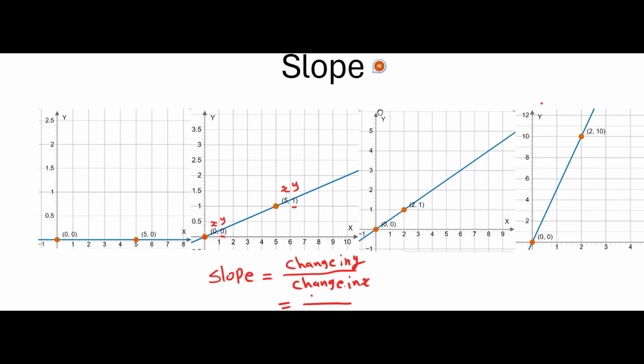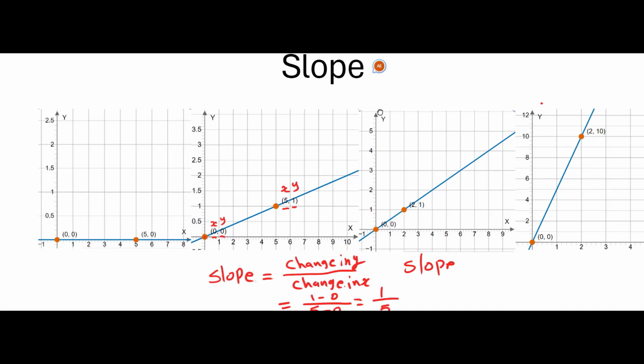It will be 1 minus 0 over 5 minus 0. Then the answer will be 1 minus 0 is 1, 5 minus 0 is 5, then the slope will be 1 over 5.